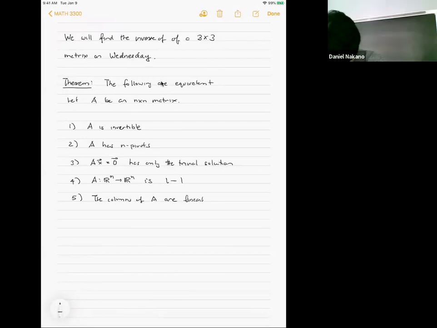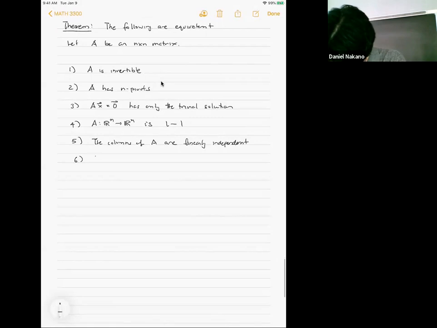Linearly independent. Remember, when you're showing that AX equals 0 only has a trivial solution, you're basically showing that the columns of A are linearly independent. Okay. So this theorem takes all these various ideas that we've been working with and puts them all under one umbrella. Okay.